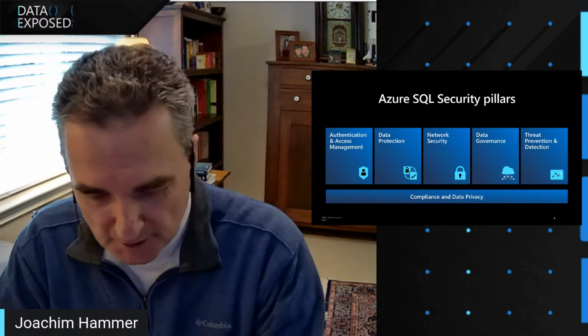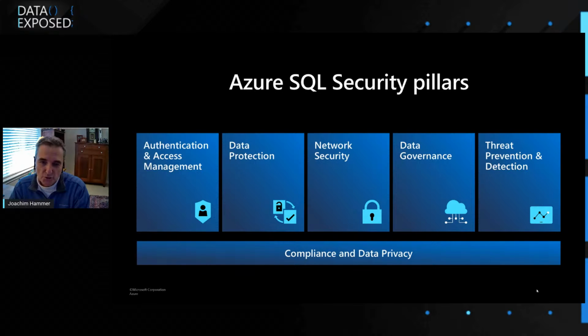Let's talk a little bit about the pillars. When we talk about security, we found that it's most convenient to talk about different areas like authentication, data protection, network security, because it helps understand what protection individual features afford.